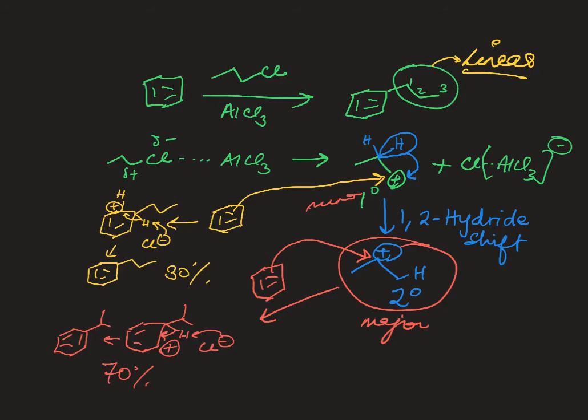The problem is that your starting alkyl halide, which forms a primary carbocation, will have the potential to rearrange, and hence it will give rise to two different products, which is a problem point.